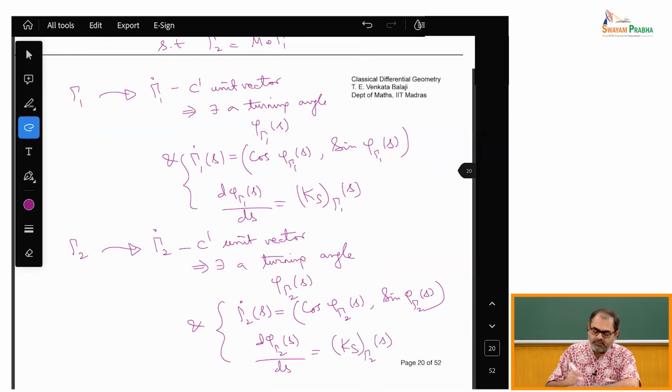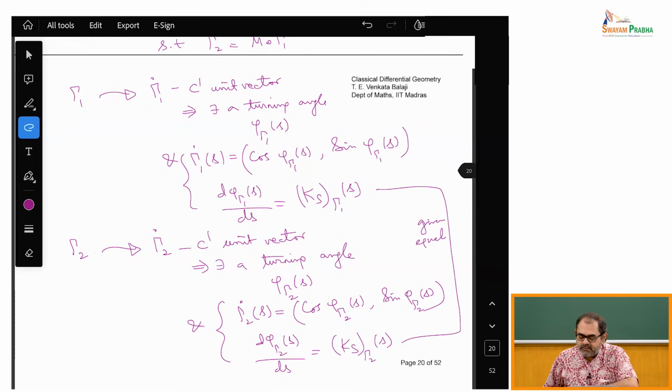So you have this for both the curves, and what is given is that these two are equal. You are given two curves for which the sine curvatures are equal, and the sine curvatures are the rates of change of the corresponding turning angles.